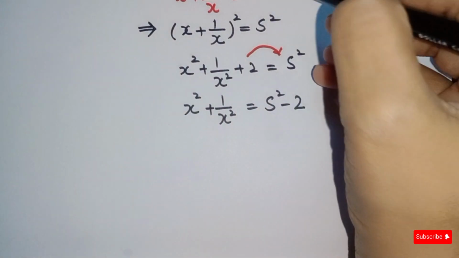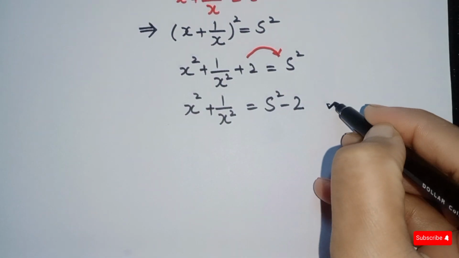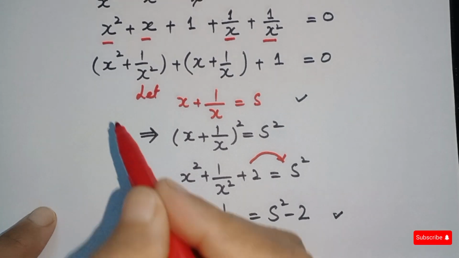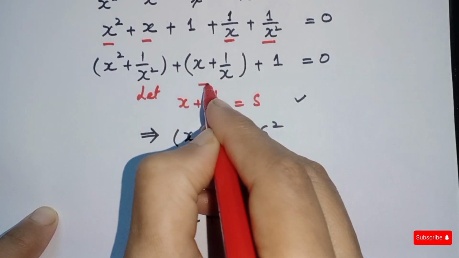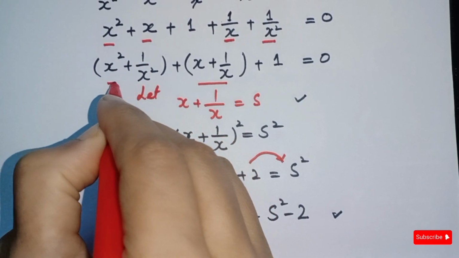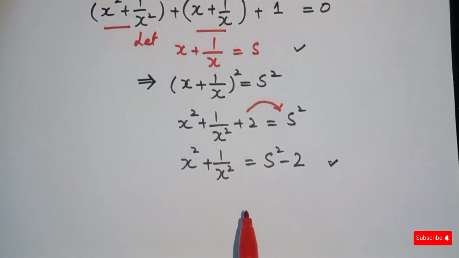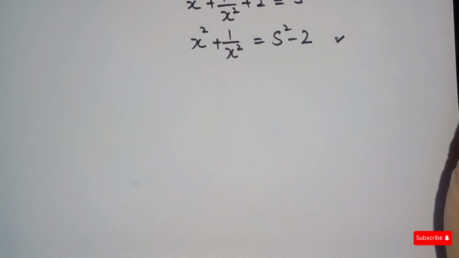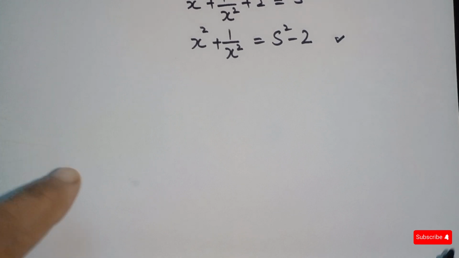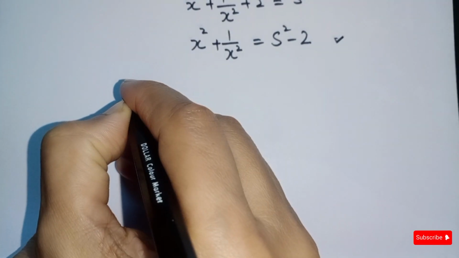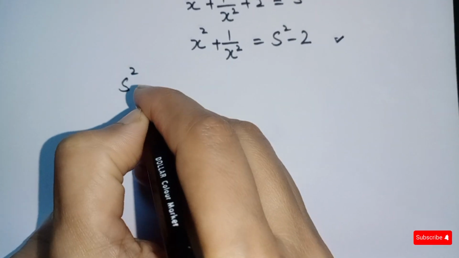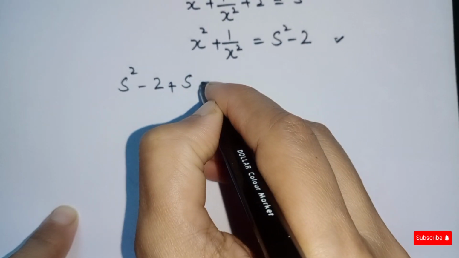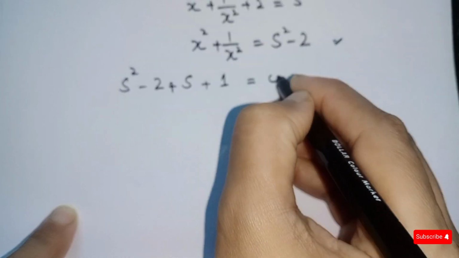So here we have two expressions, this one and this one. We will use them here. For x plus 1 over x we will write s, and for x square plus 1 over x square we will write s square minus 2. So our new expression will become s square minus 2 plus s plus 1 is equal to 0.